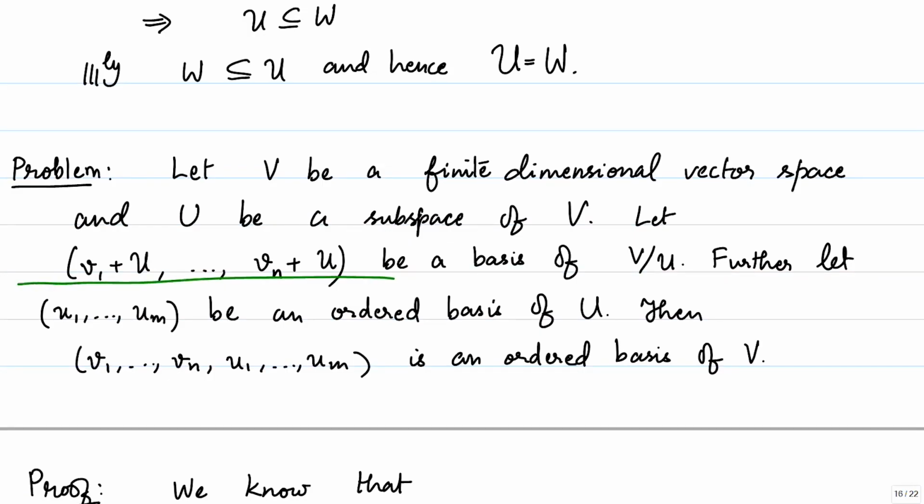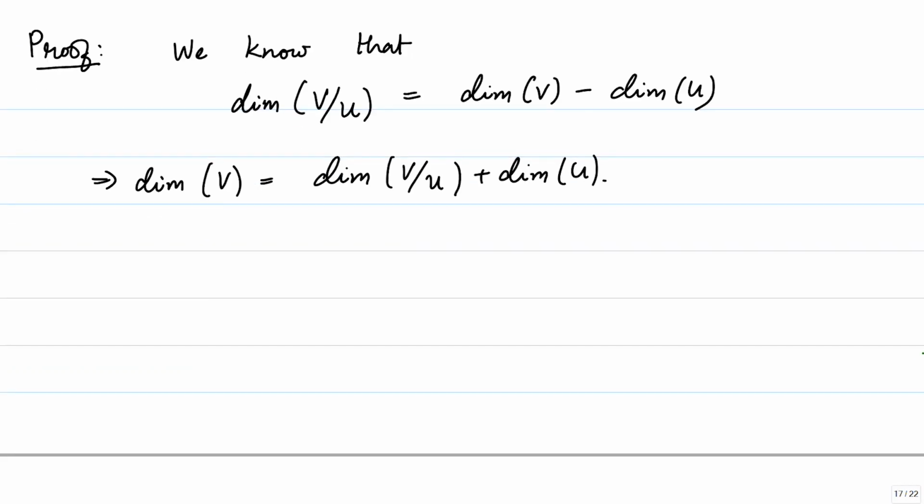The dimension of V mod U is equal to n and the dimension of U is equal to m by the very hypothesis. So this implies that the dimension of V is equal to n plus m.